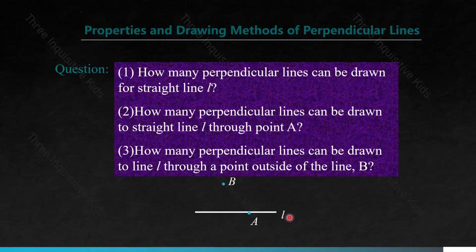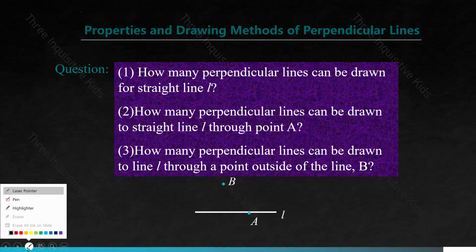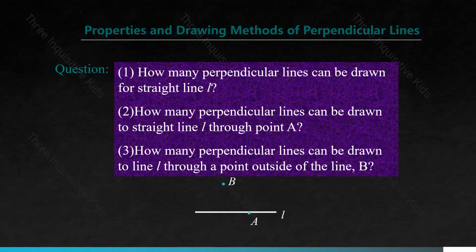So here A could be anywhere. It could even be on that line. All you have to do is create a perpendicular line like that, that passes through point A, and it intersects with line L at a perpendicular angle.